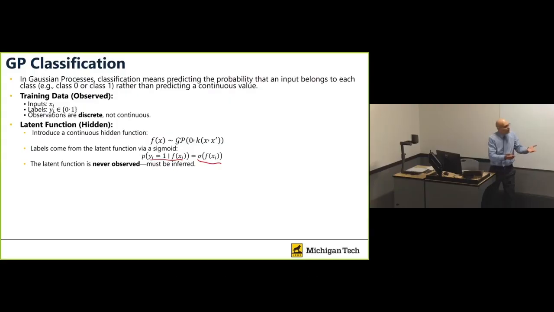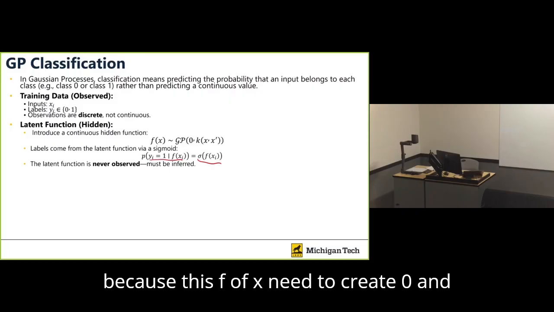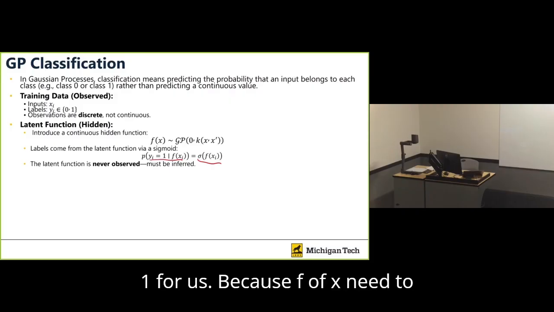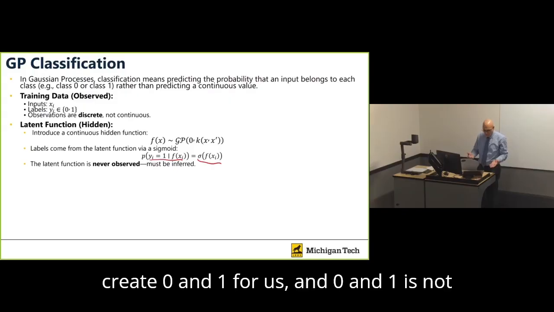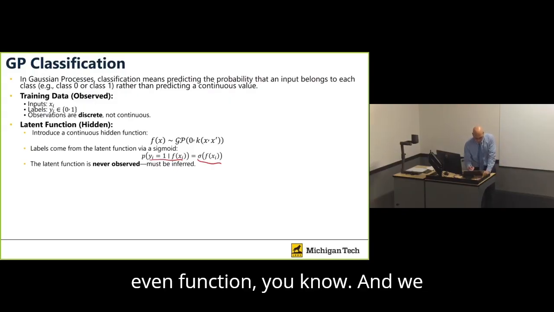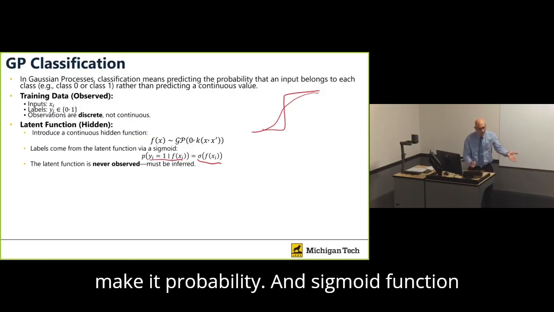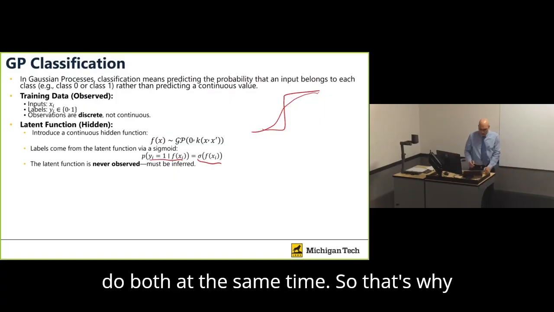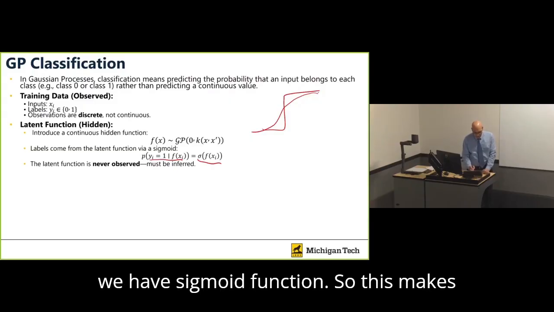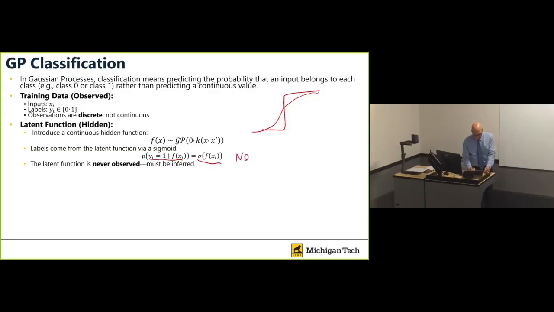To make it a probability, we put a sigmoid function. Why did we do that? Because this f of x needs to create 0 and 1 for us, and 0 and 1 is not even a function, you know. We need to make it a function, and not just a function, also a probability. The sigmoid function does both at the same time. So that's why we have the sigmoid function. So this makes it not Gaussian.